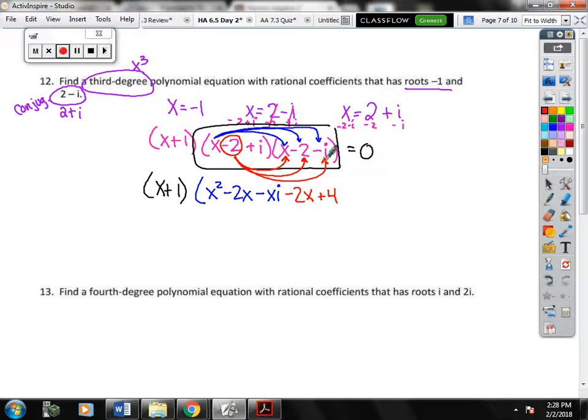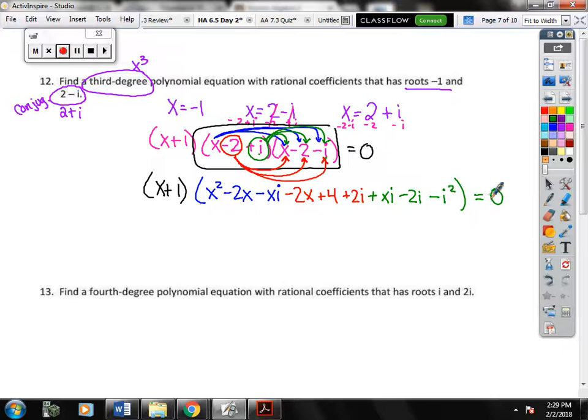Negative 2 times a negative i would be a positive 2i. Last step is to take the i and distribute it to get me plus xi, or ix, minus 2i. We have a positive i times a negative i, which will get me a minus i squared.